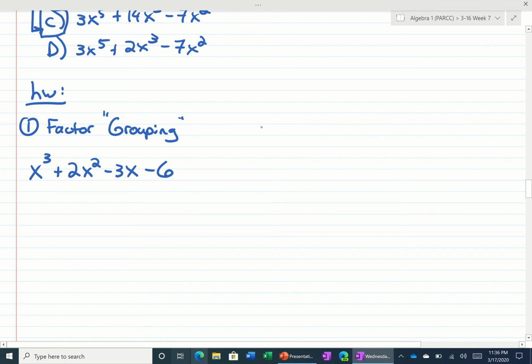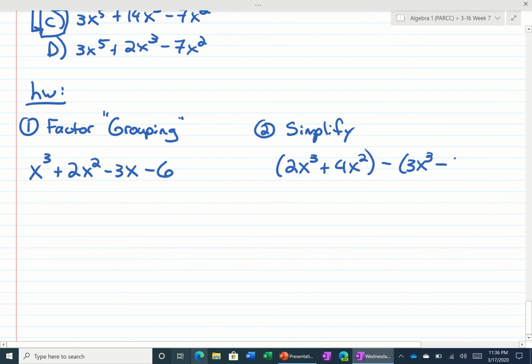And then the second problem I'm going to ask you to do is simplify 2x to the third plus 4x to the second minus 3x to the third minus 5x to the fourth. Please try those for homework.